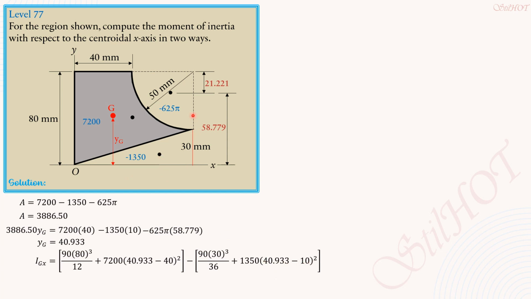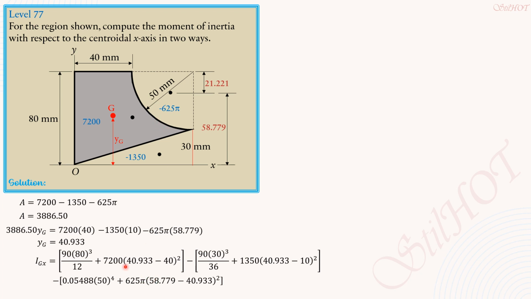Then minus the centroidal moment of inertia of this quarter circle, 0.05488 r to the fourth, then area 625 pi, distance 58.779 minus yg square. So minus 0.05488, 50 to the fourth, plus 625 pi, 58.779 minus 40.933 square.